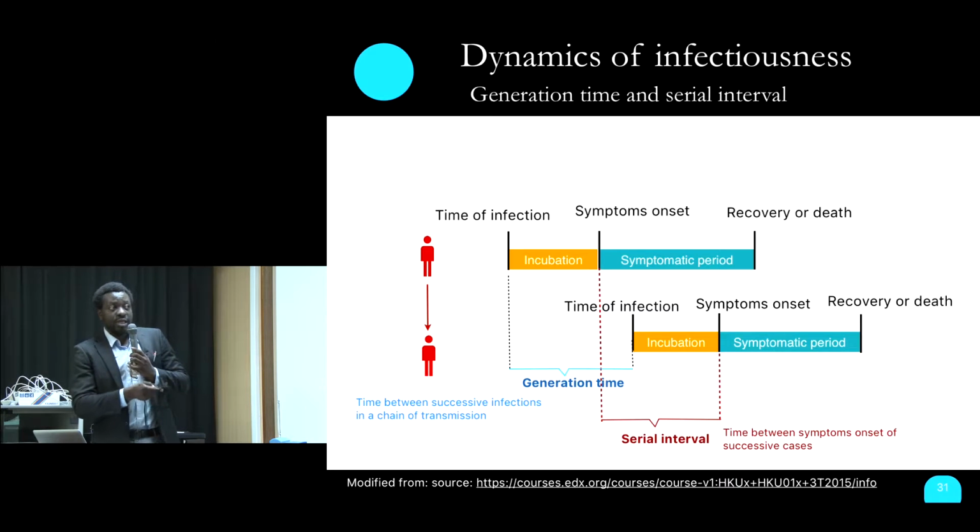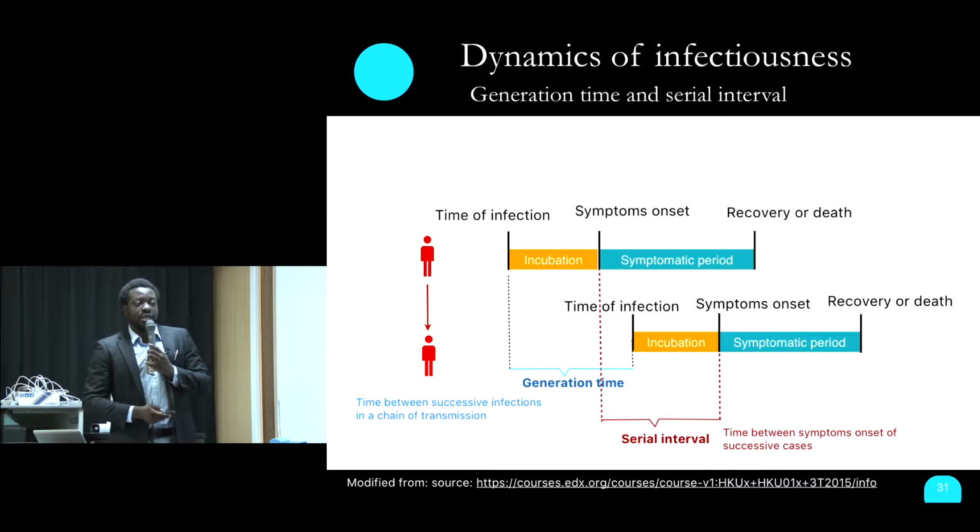The serial interval is the lag time between the start of symptoms from the first infected person to the start of symptoms from the second infected person.